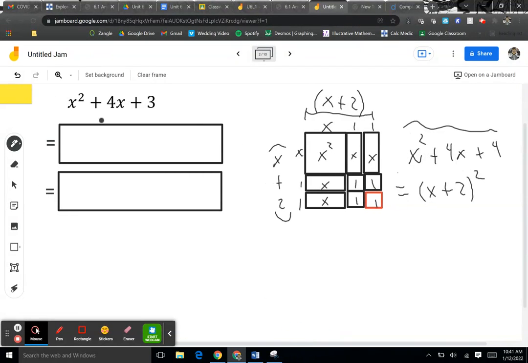Therefore, we can now rewrite this. x squared plus 4x plus 3, well, I can write that as, I'll do it by hand, x squared plus 4x plus 4. But the thing is, technically, this red square wasn't really there. It was one too few.